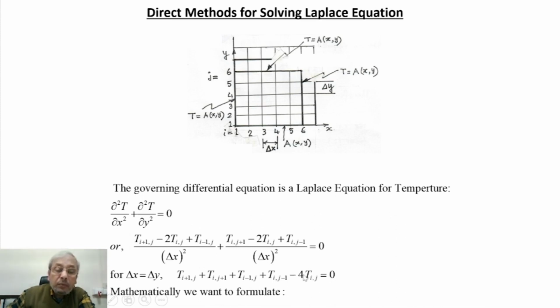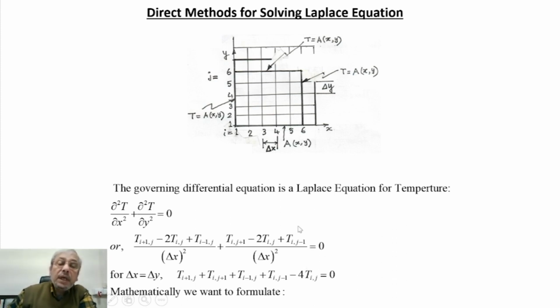So when delta x equal to delta y, we can write this as the governing equation for every T(i,j) point.